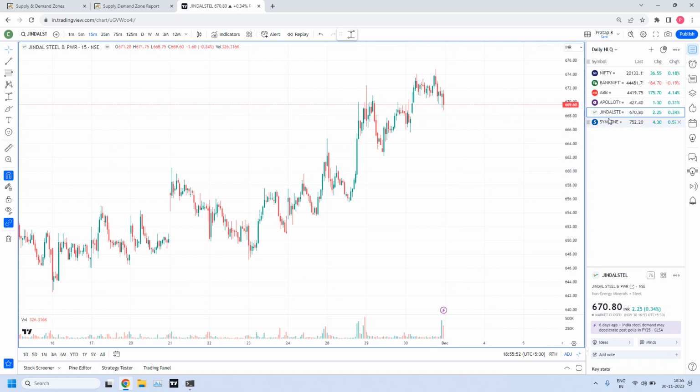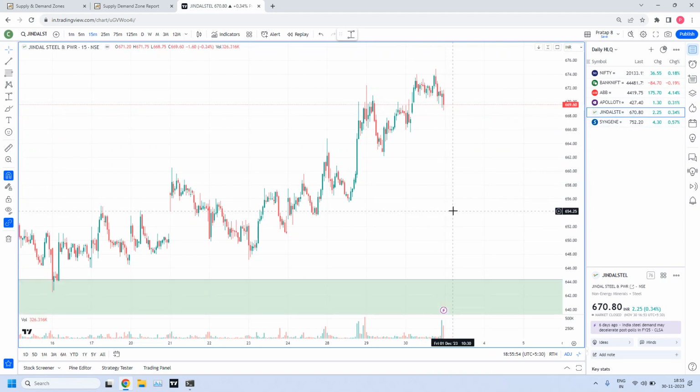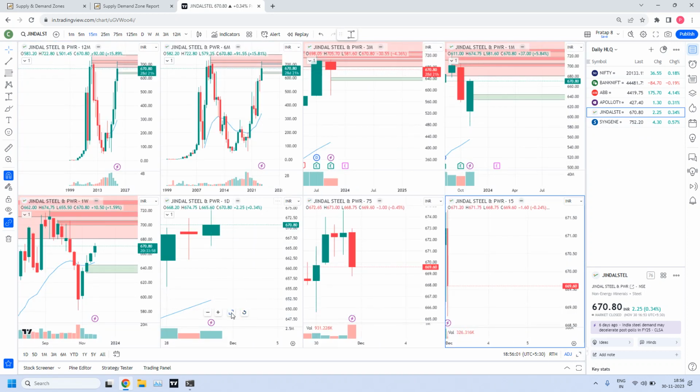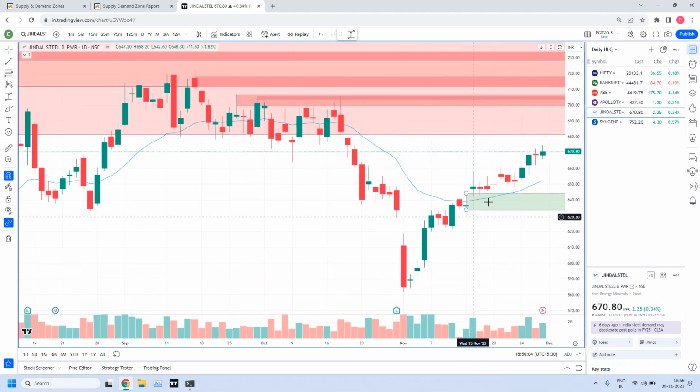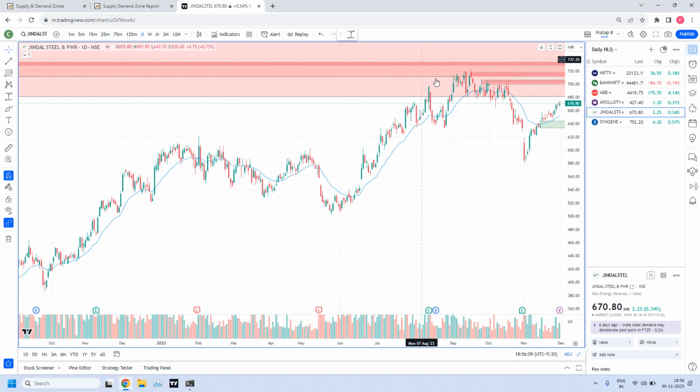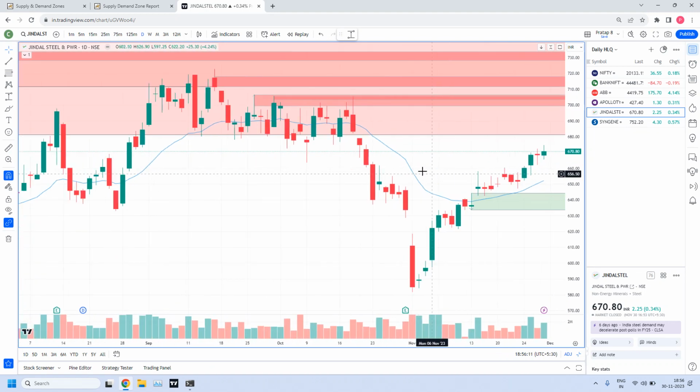I told you to monitor Jindal Steel and keep this stock in our watch list because this is moving between a high liquidity demand zone and a high liquidity supply zone. This is a daily high liquidity demand zone and this is already an existing high liquidity supply zone. Yesterday I gave a good explanation about this.